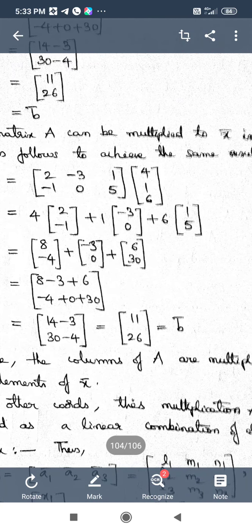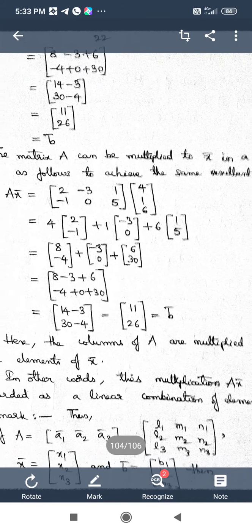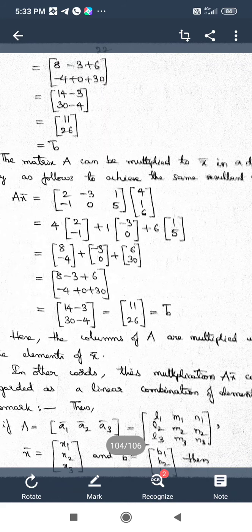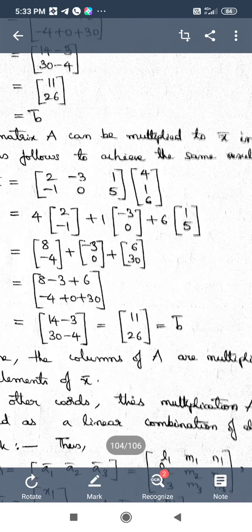So I am taking the entries of X bar as coefficients or weights or scalars, and multiplying them to the column vectors in the matrix A. Then we get 4 into (2, -1) plus 1 into (-3, 0), where (-3, 0) is the second column vector in capital A, and plus 6 into (1, 5).